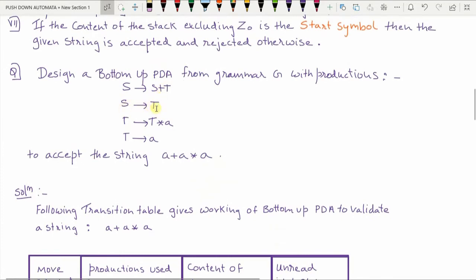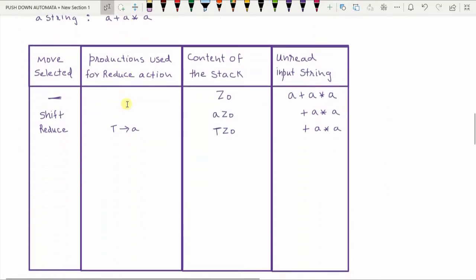Yes, see this production here, S gives T, has right hand side as T. So I will use another reduce action wherein T will be replaced with S, using the production S gives T. So what you will get is SZ0. And the unread input is still plus a into a.